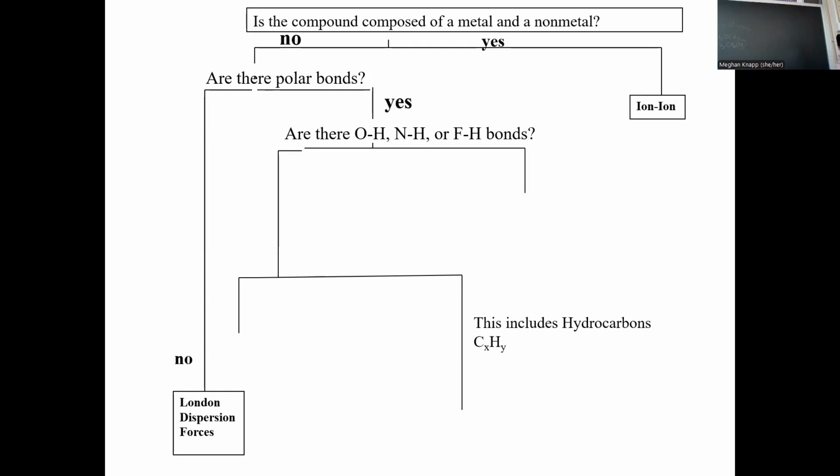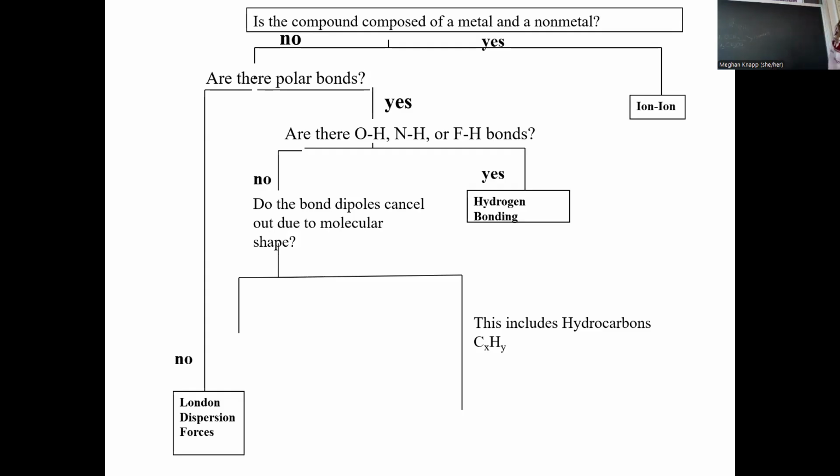That's why it's important to be able to read those. So these two are isomers, and this one we would say has hydrogen bonding. If there are OH, NH, or FH bonds, then we've got hydrogen bonding going on. If there are not, then we're back to dealing with the shape of the molecule.